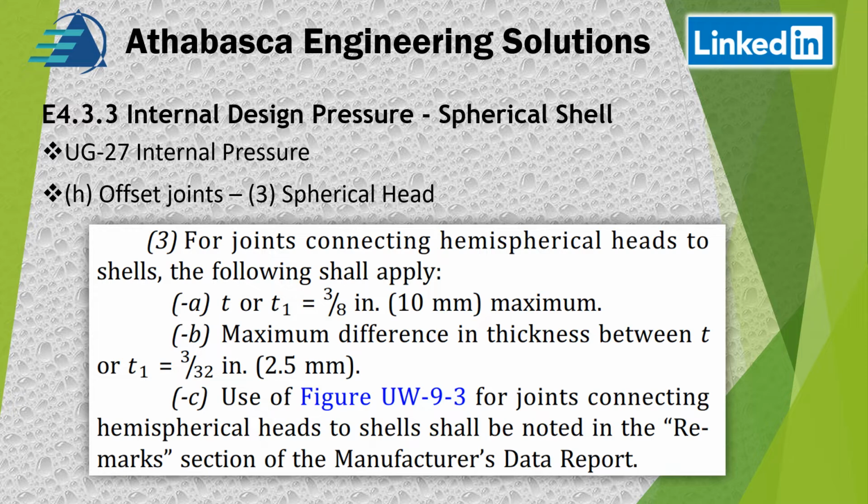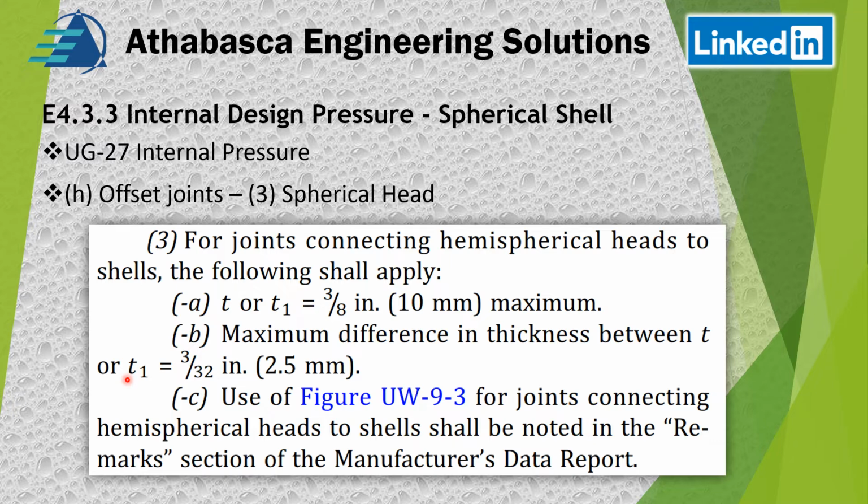Okay, so we're going to look at the offset joints in a spherical head. One of the key rules is that joints connecting hemispherical heads to shells shall follow the following. T must be equal to at least 3/8 of an inch minimum.